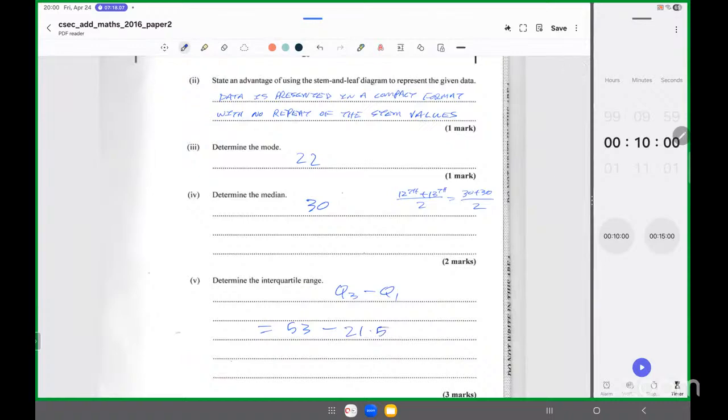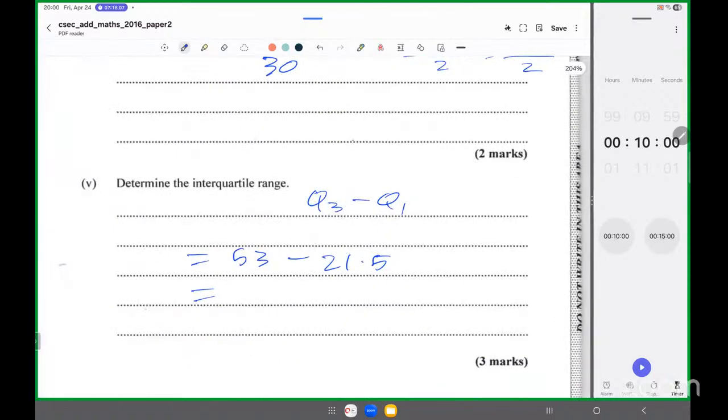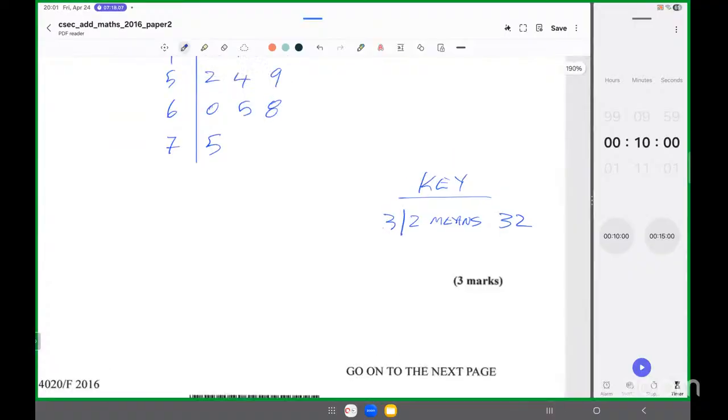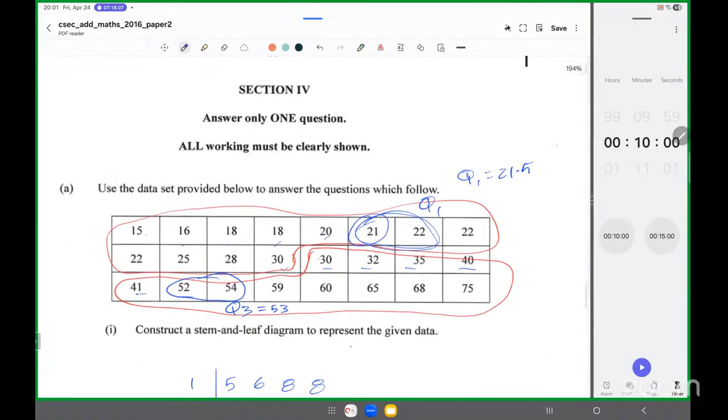What does that work out to? 53 minus 21.5. Q1 is 21.5, the average of 21 and 22.